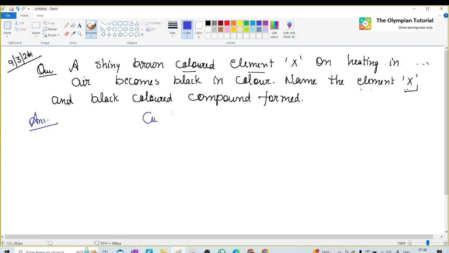X is copper and the black colored compound formed is copper oxide, CuO.